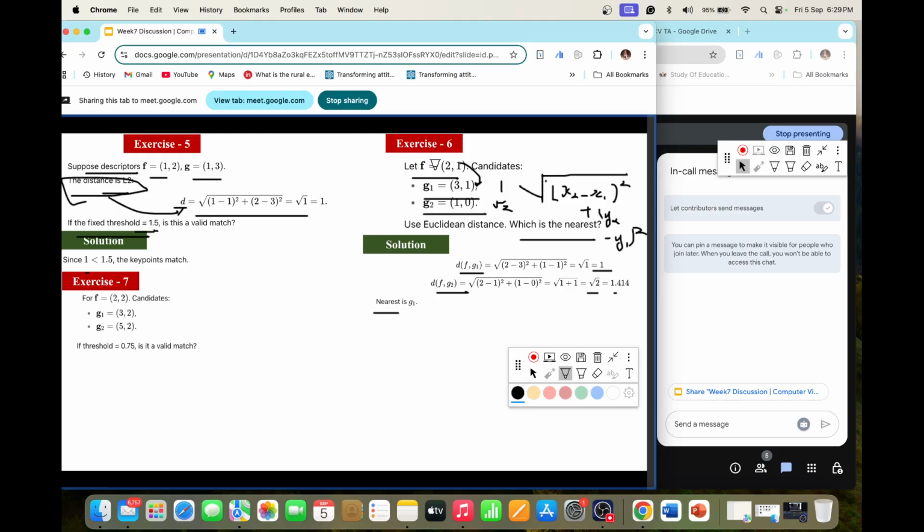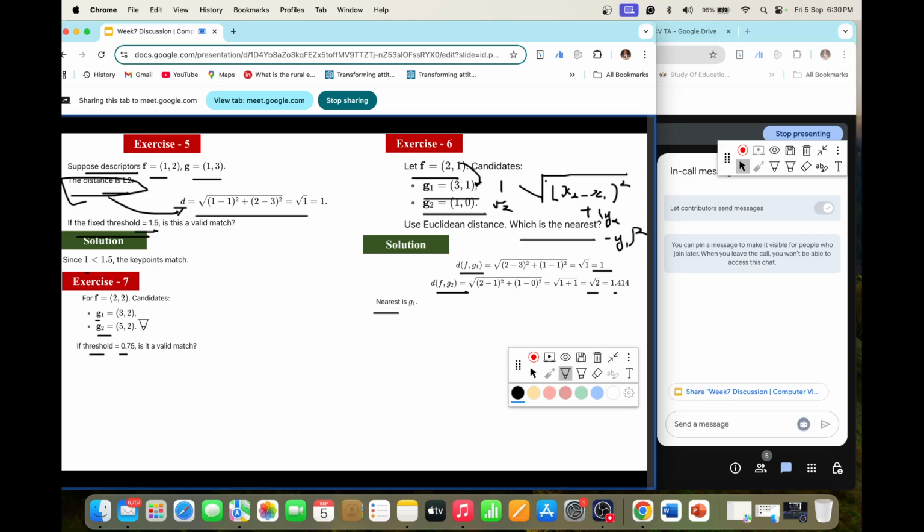Similarly, we have exercise 7 for f and g, with g1 and g2. If the threshold is 0.75, is it a valid match or not? For this we use the nearest neighbor distance ratio, or NNDR. If d1 by d2 is less than the threshold, then we accept it as a valid match.